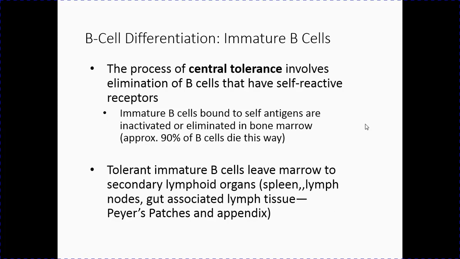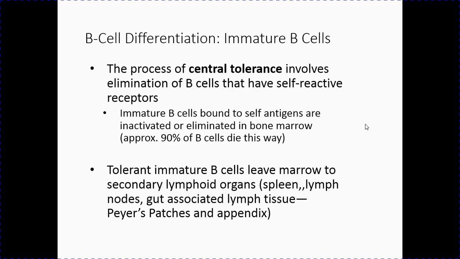And truthfully, most B cells die this way. 90% of the B cells die this way. Your body is pretty efficient, we've talked about before, and B cells can actually be recycled, some of them. Some die by apoptosis, some actually get recycled. I'm going to talk about the process of central and peripheral tolerance in a little more detail in another chapter.